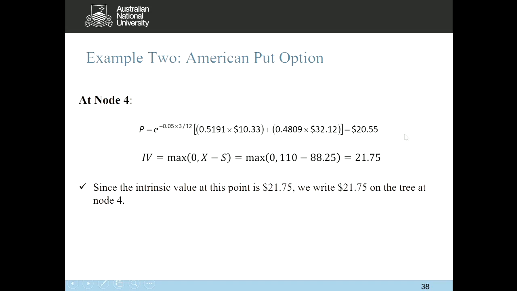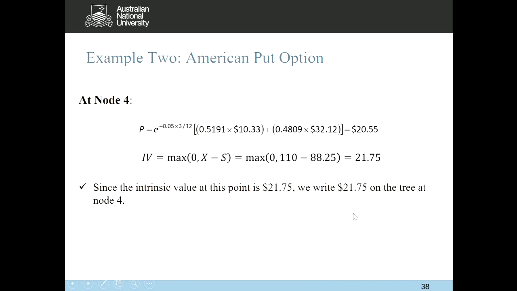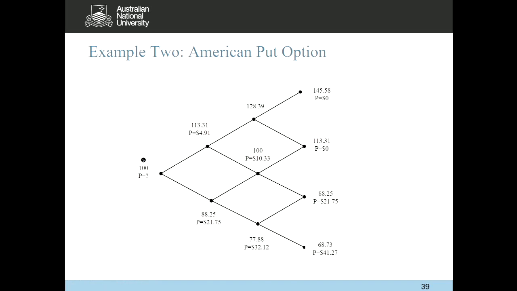Again, we need to check the intrinsic value. With the share price of 88.25, we have an intrinsic value of 21.75. So that is higher than the discounted value. Again, we're going to choose the higher value here, which is to exercise the put immediately at that point. So we write down the intrinsic value instead of the discounted value.